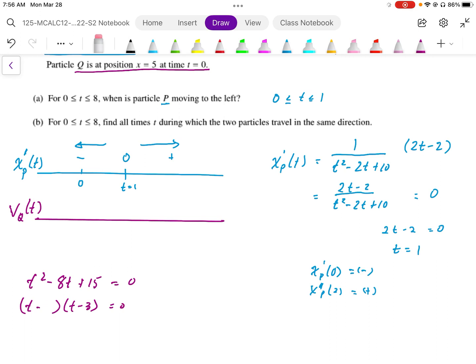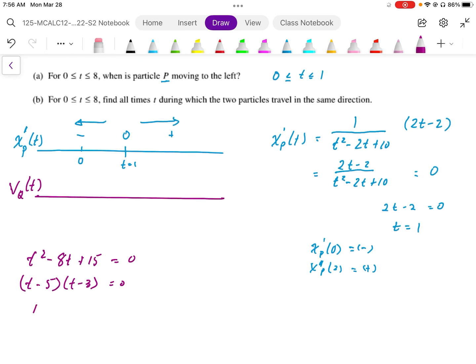Let me just clean that up a little bit. So we know we have zeros at t equals 3 and t equals 5. At t equals 3, right about here, and t equals 5, right about here, we know we have a change of direction. So we're just going to do a test.